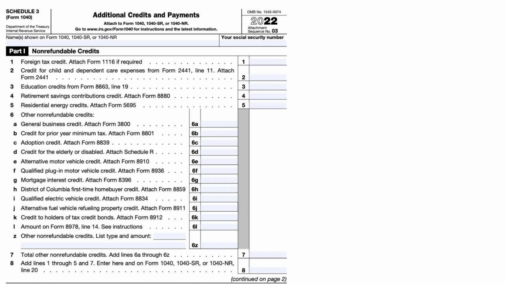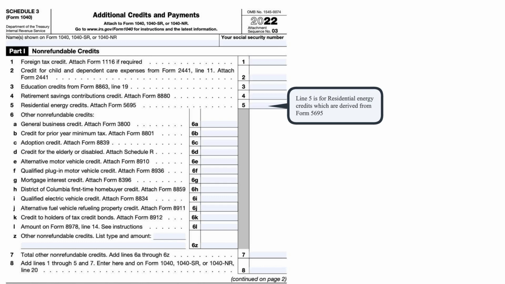Line 5 is for the residential energy credits, which are derived from Form 5695. If energy-efficient products or renewable energy systems are purchased and installed in a taxpayer's home, the taxpayer may be eligible for federal tax credits available for residential properties.